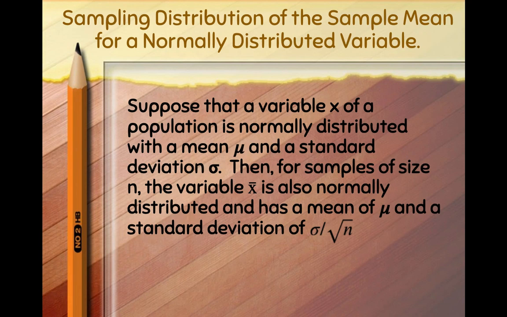The mean of my sample means is also normally distributed, and it has that mean of mu and a standard deviation of sigma over square root of n. And if we know mu and sigma and we know it's normally distributed, we can use our normal distribution to look at that and answer our questions. So that's kind of putting this all together.